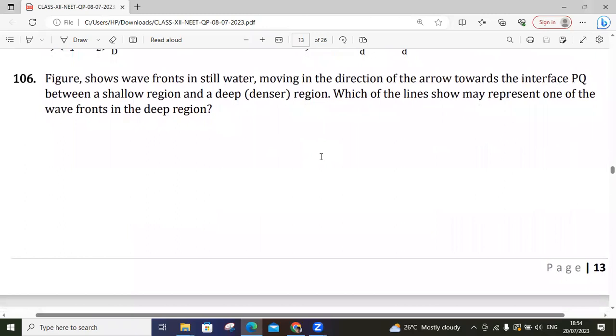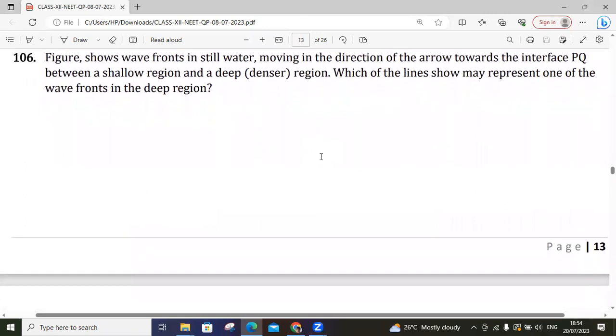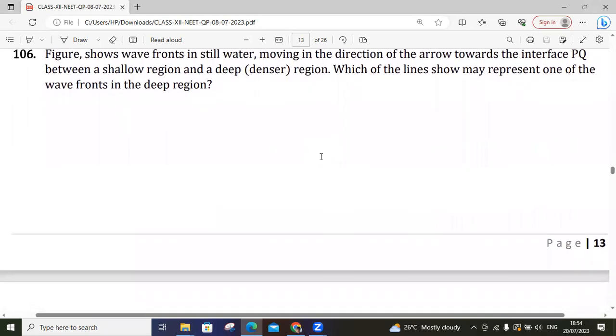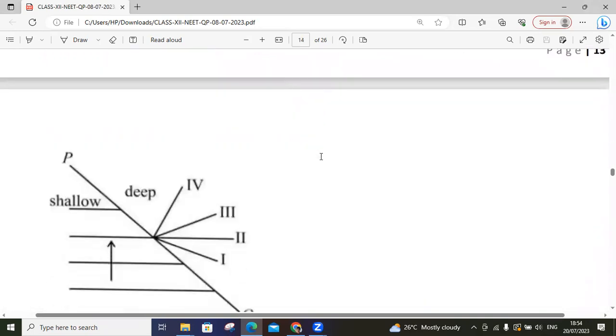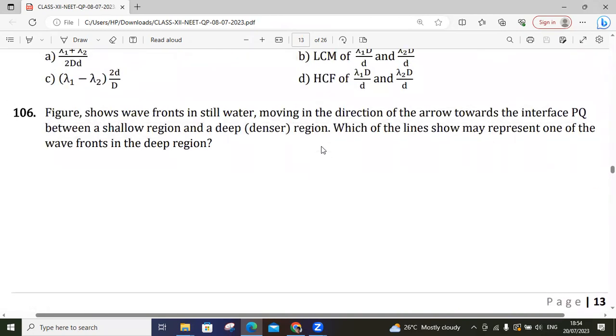Figure shows wavefronts in still water moving in the direction of the arrow towards the interface PQ between shallow region and deep region. Which of these is the figure? In the deep, denser region, which of the lines shown may represent one of the wavefronts in the deep region?